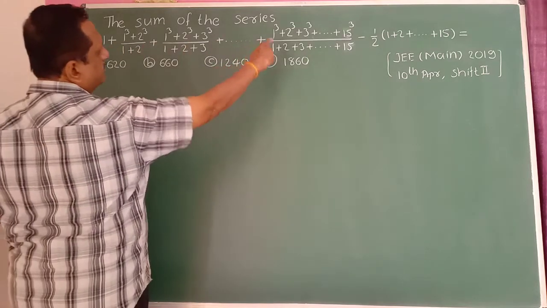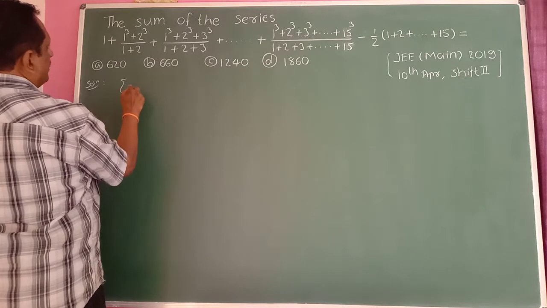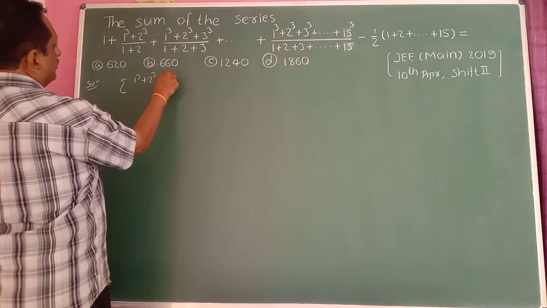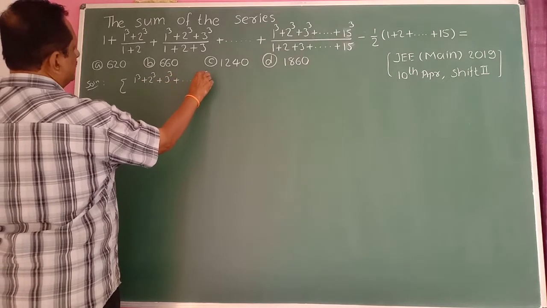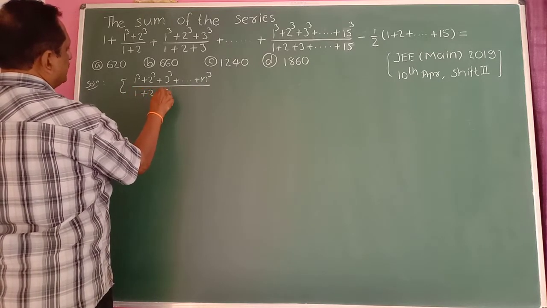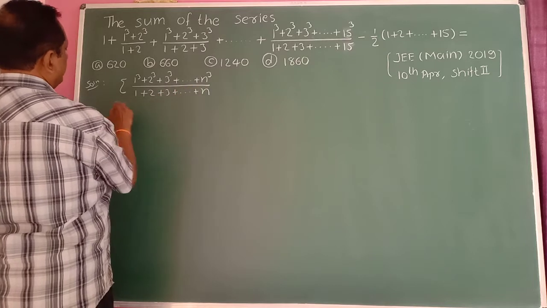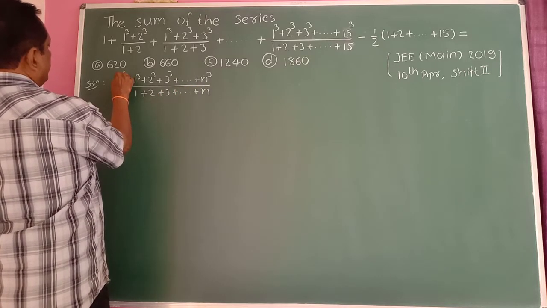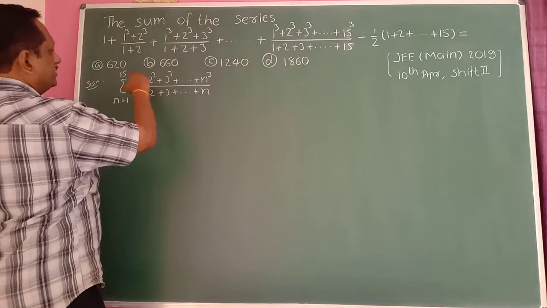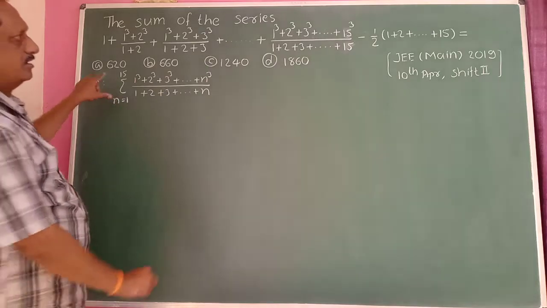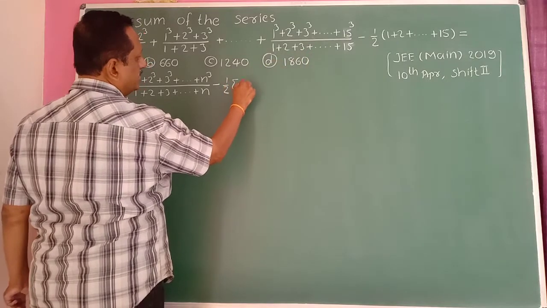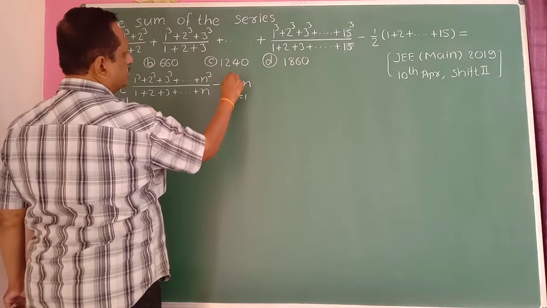You can write this as the summation of 1 cube plus 2 cube plus 3 cube and so on plus n cube, divided by 1 plus 2 plus 3 and so on plus n, where n is equal to 1 to 15, because there are 15 terms. So the summation, n equal to 1 to 15, minus 1 upon 2 times the summation of n, where n is 1 to 15.